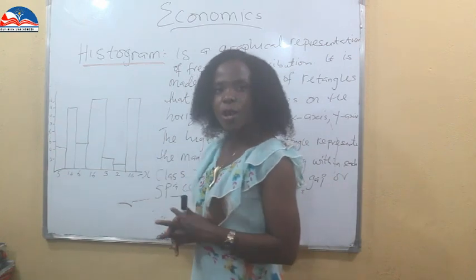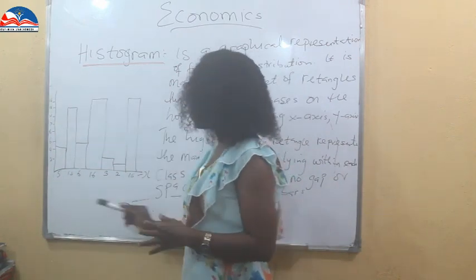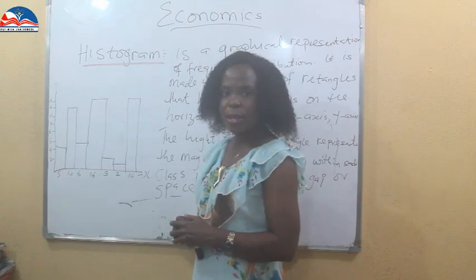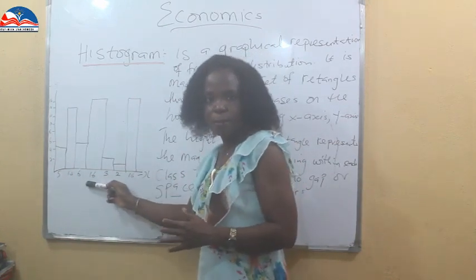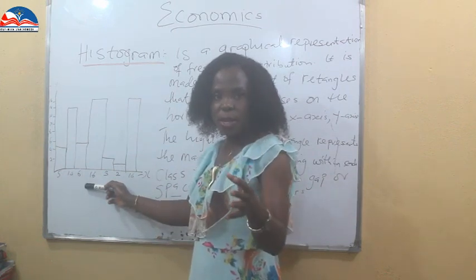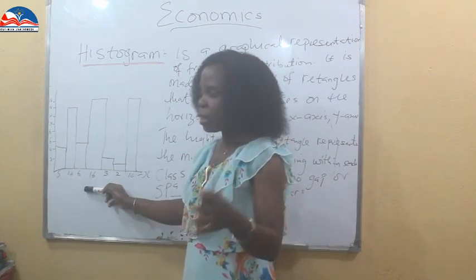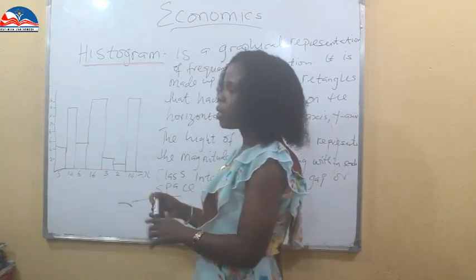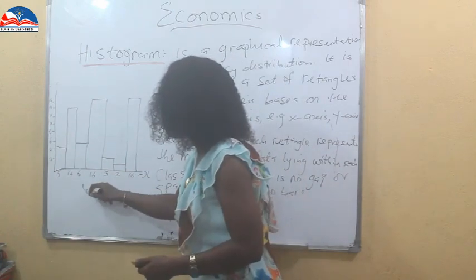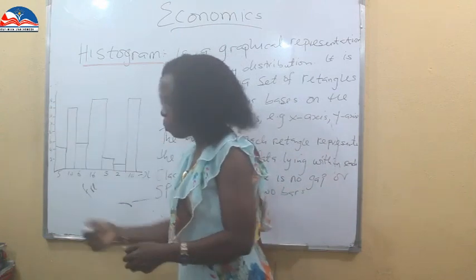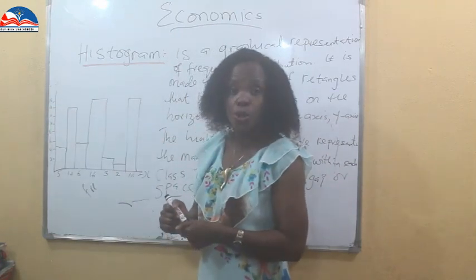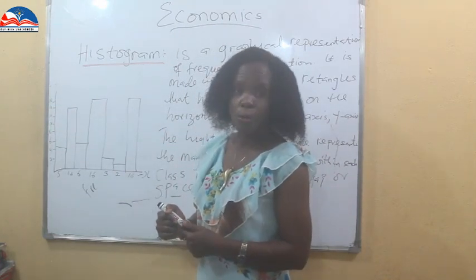And in drawing this graph, you must have your x-axis and your y-axis. I am going to use an example to teach you this. Here we will have the frequency, and here you will have your numbers, the units you have chosen to draw your graph.